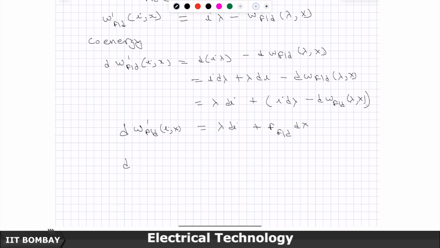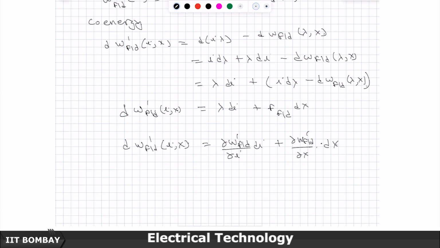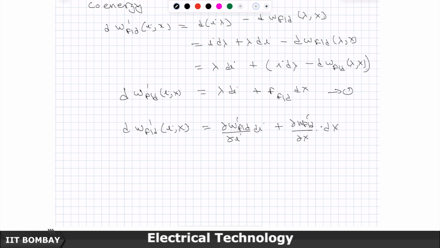Again, following the similar principles that we discussed earlier, now I and x are the state variables. So, I can write this as the partial derivative with respect to I times dI plus the partial derivative of co-energy with respect to x times dx. Let us call this 1 and this 2.